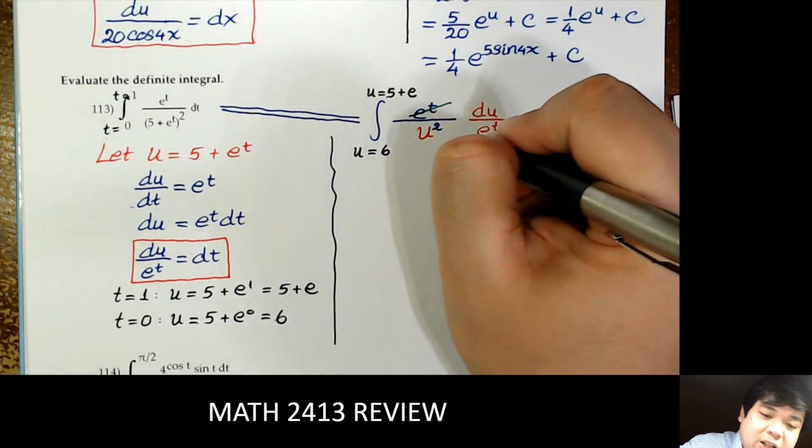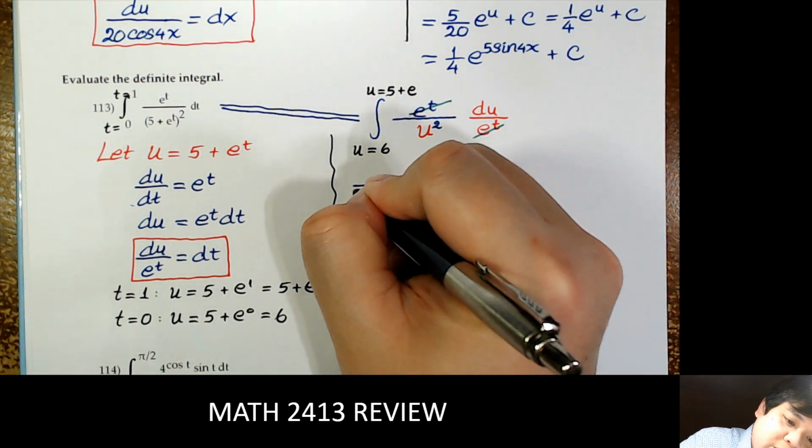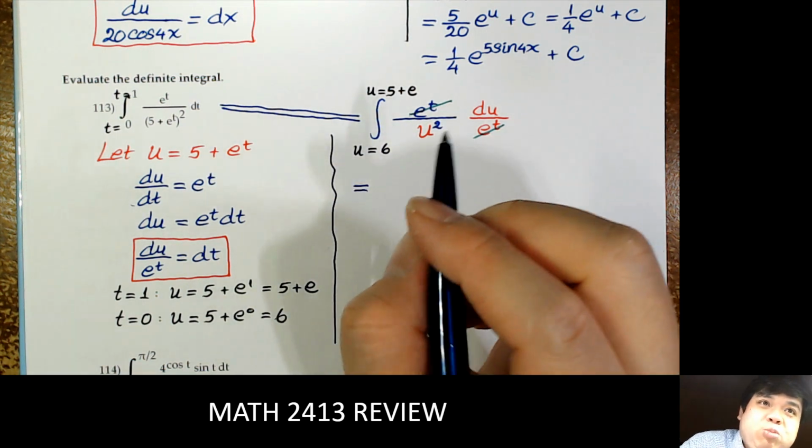They cancel out nicely. 1 over u squared is the reciprocal, I should say u to the negative 2.